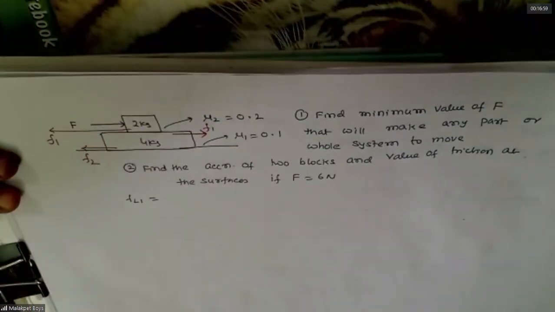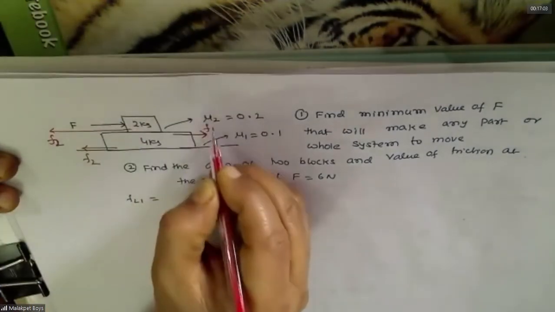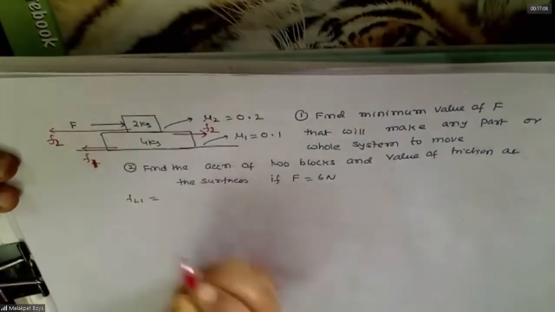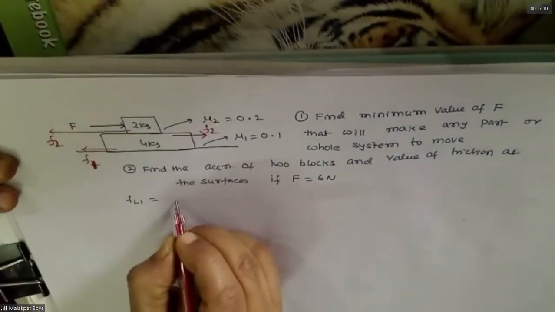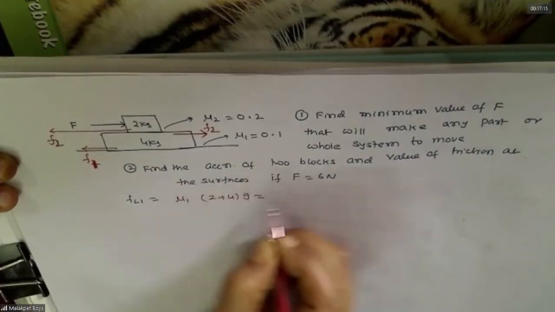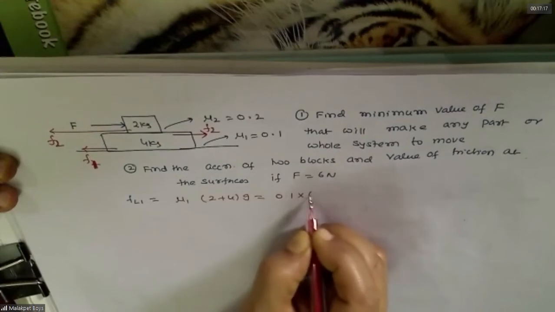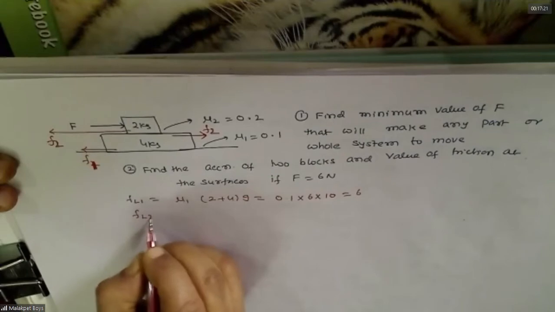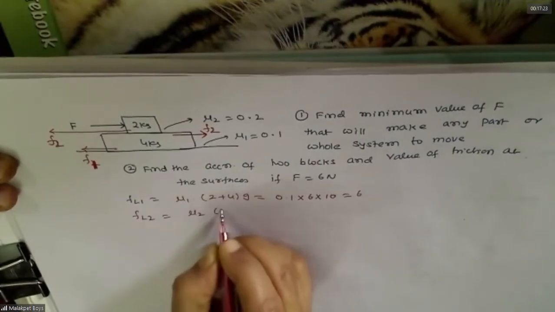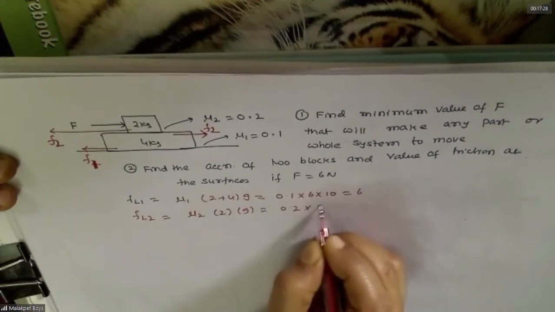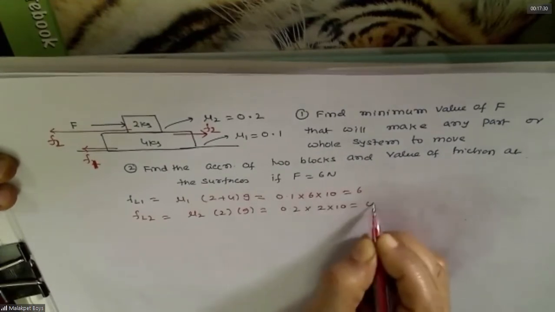Right. Now after that we can check up the limiting friction. Just to avoid confusion, we'll take this as mu2, and this is mu1. So FL1, if you take mu1 into the total weight, is 0.1 into 6 into 10, and FL2 if you take is 0.2 into 2 into 10, 4.